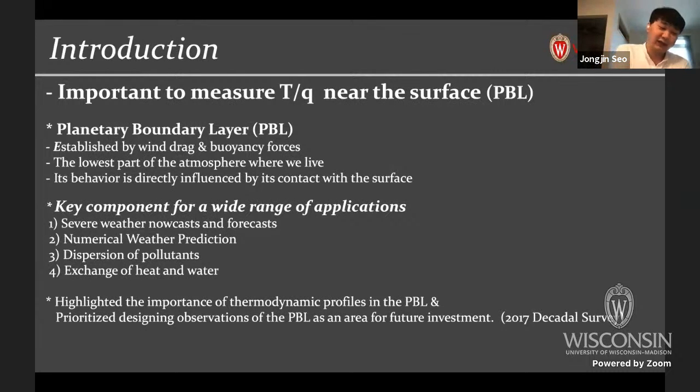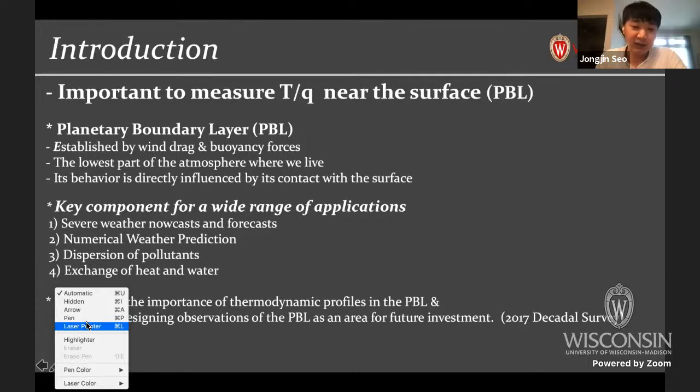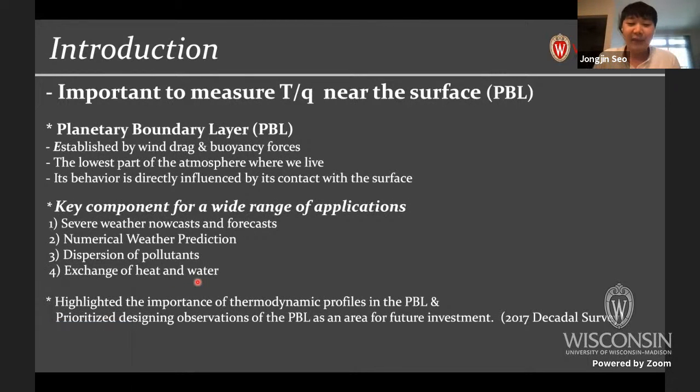It is very important to measure the temperature and humidity near the surface and in the planetary boundary layer. The planetary boundary layer is established by wind drag and buoyancy force, and it is the lowest part of the atmosphere where we live. So its behavior is directly influenced by its contact with the surface, and it also has very high variability over the day.